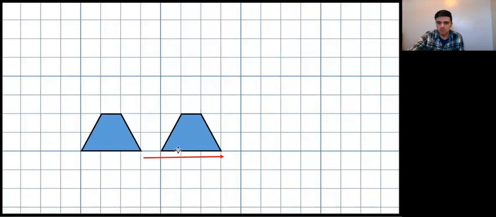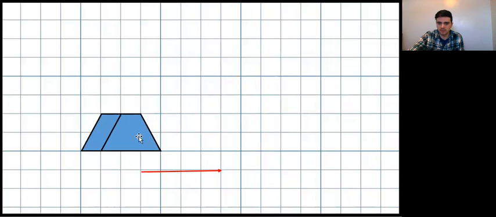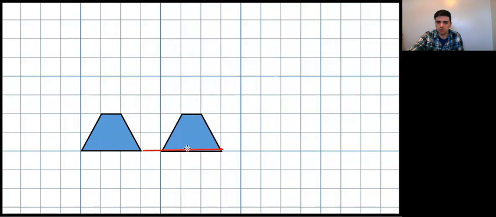This shape hasn't moved over 1 square. If it had, it would look more like this. This shape has moved over 1 square because I moved the whole shape over 1 square. However, measuring from point to point shows that we've actually moved over 4 squares in this case.